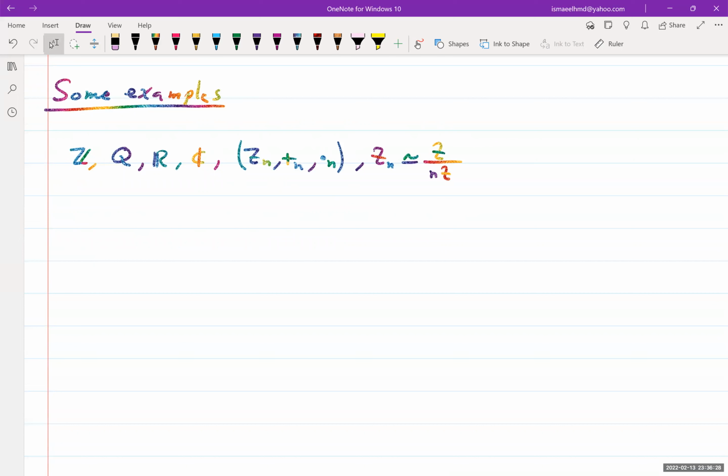Also, we have, when we adjoin a ring with a variable or indeterminate x, we say the ring of polynomials. We adjoin R with the indeterminate x, say a variable, which is the set of all polynomials in x.